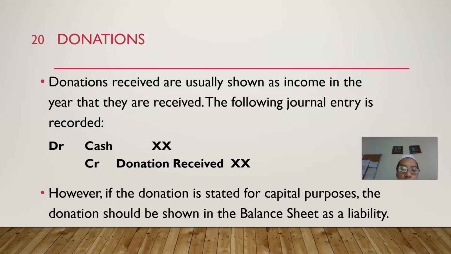Instead, it should be shown as a balance sheet item, and it is a liability because we have received money, but yet we have not given out the benefit. We have not fulfilled our obligation, which is to build the clubhouse. So in that sense, it will become a liability for us. However, if a donation is for general purpose, which will be used this year, then we will recognize that as revenue.